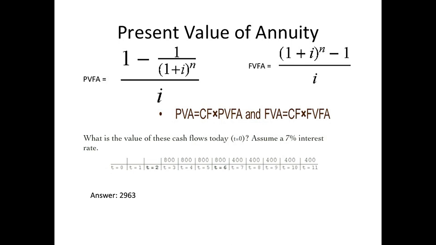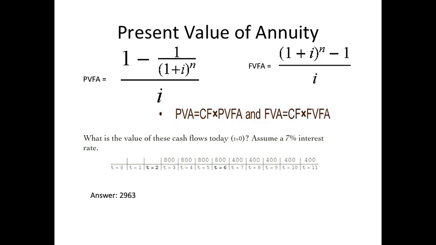The second part of the problem is to take the $400 annuity stream and move it back using the present value of annuity formula, where the cash flow is 400, n equals 5, and i equals 0.07. That equivalent sum is located one period before the start of the $400 annuity stream, which in this case is time 6.